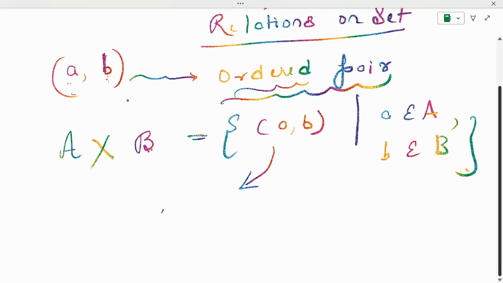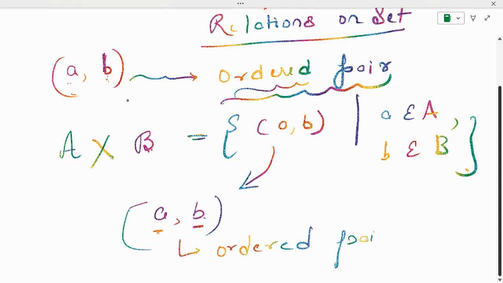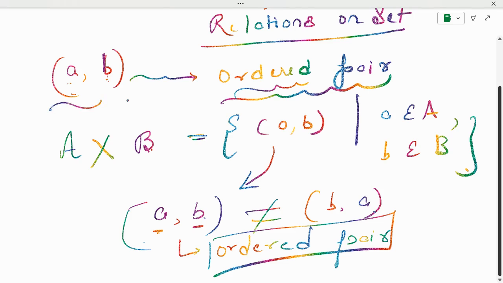If we write two elements that are somehow related to each other, a appears prior to b, so it follows a certain order. That is why it is known as an ordered pair. So (a, b) is not equal to (b, a). That is why ordered pair is a specific term used for (a, b).